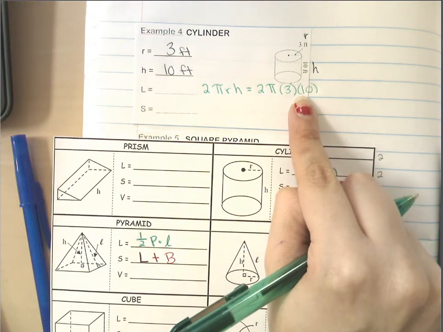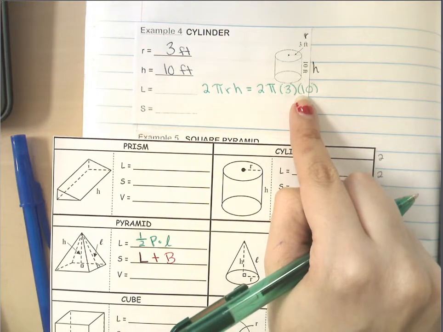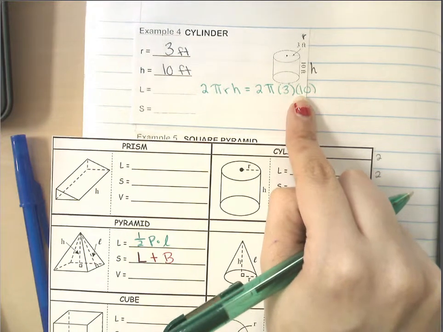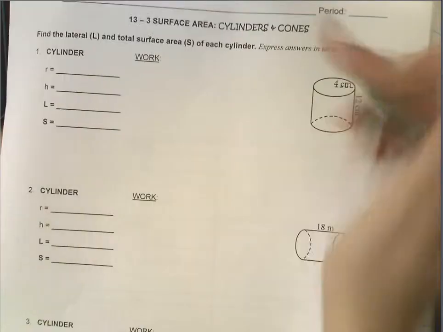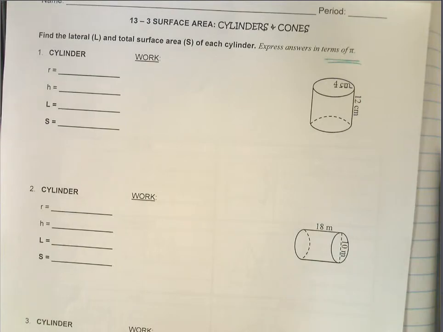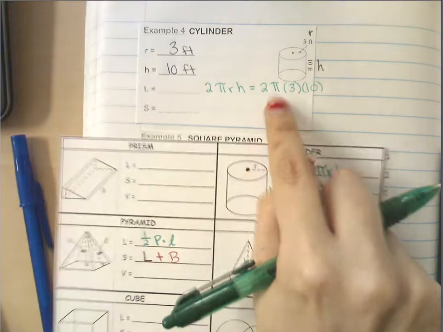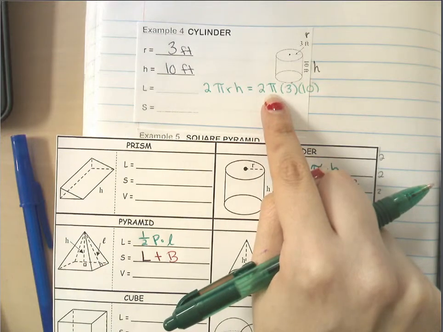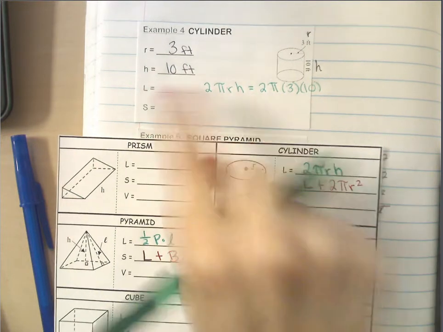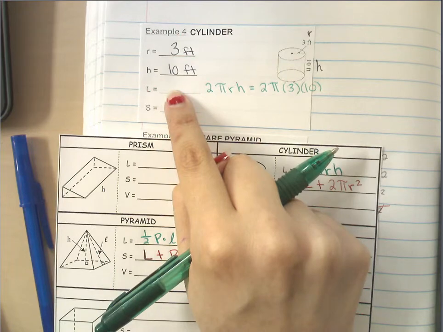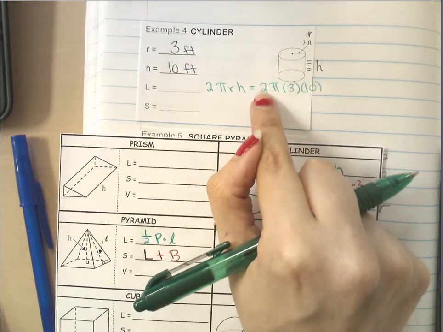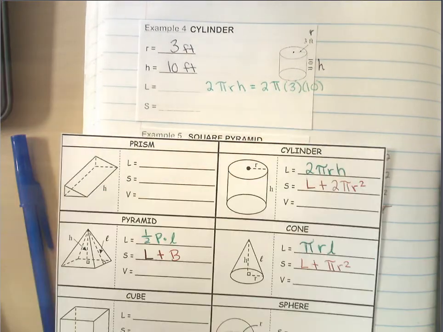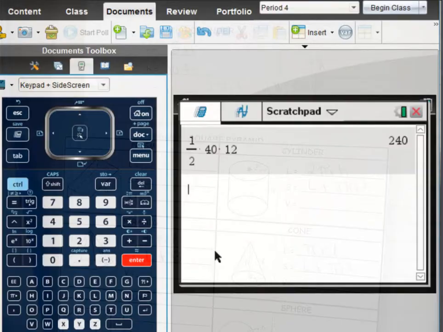So for this, we are going to express the answers in terms of pi. On your assignment, it says express your answer in terms of pi. That means that when I type this into my calculator, I am not going to type in the pi because I want to keep the pi in my final answer. So I'm just going to type 2 times 3 times 10, not the pi.